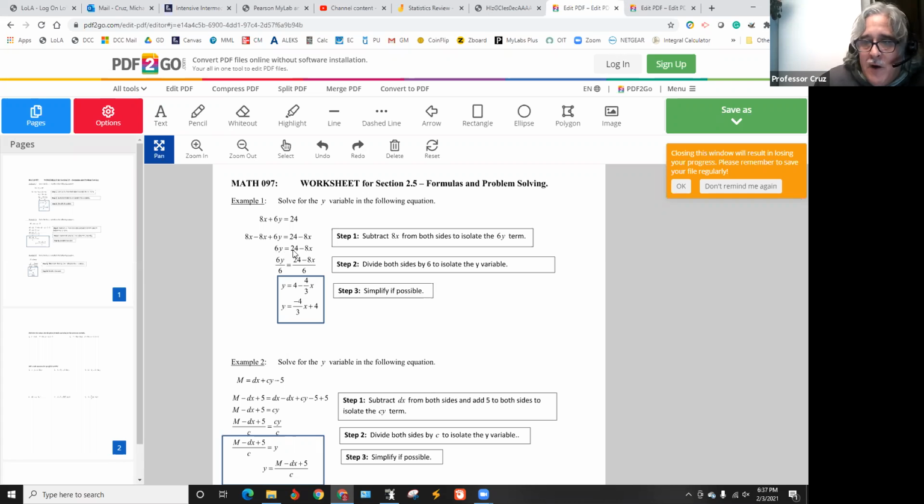Now that means 6y is equal to 24 minus 8x. Now we've got to divide by 6. And if we divide this by 6 in order to get y, we've got to divide these other two things by 6. So 24 divided by 6 is 4. 8 over 6 negative just simplifies down to 4/3. We can't bring that down to a whole number, so it stays as negative 4/3.